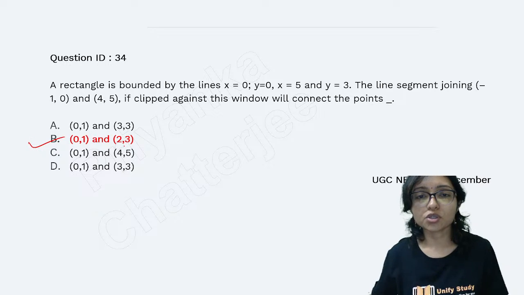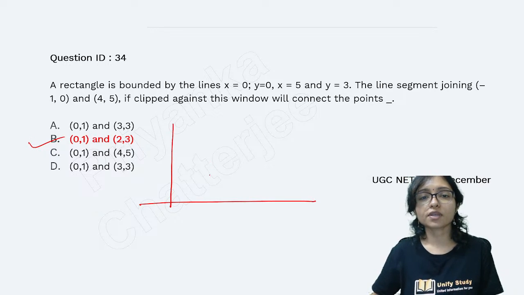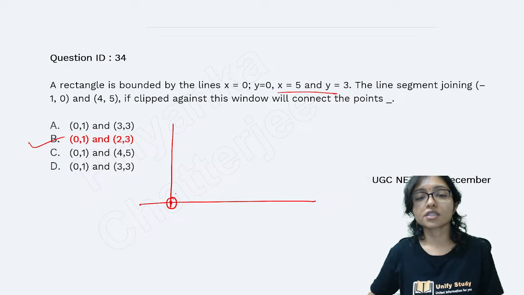This question we also did previously. Here also by drawing we can solve this question. 0, 0 is the coordinate and another coordinate is 5, 3. So we can draw it correctly. If I am drawing it correctly, then my answer is always correct. Drawing should be correct, my answer will be also correct.